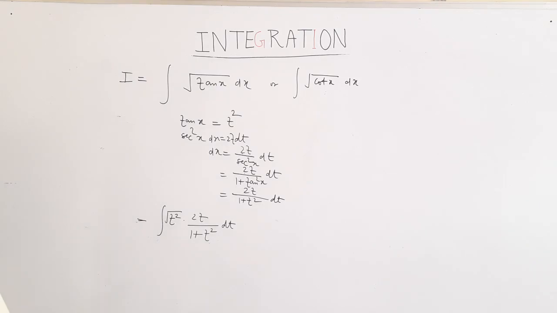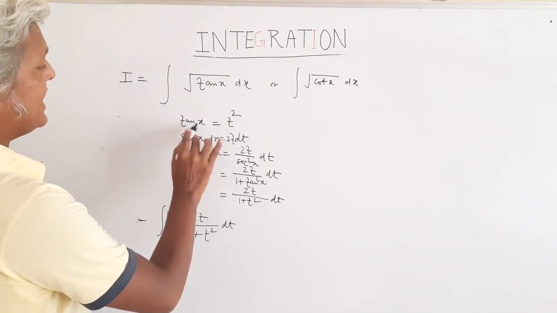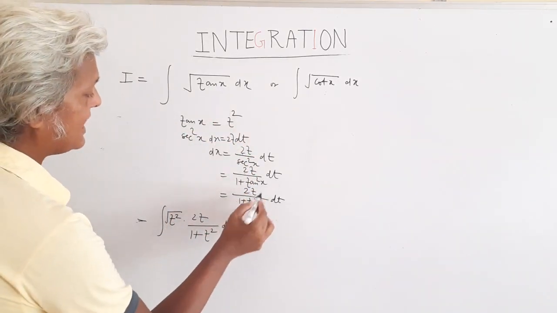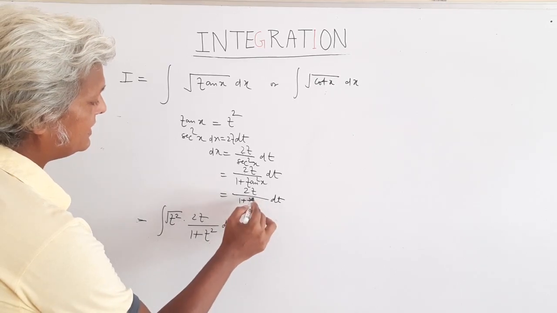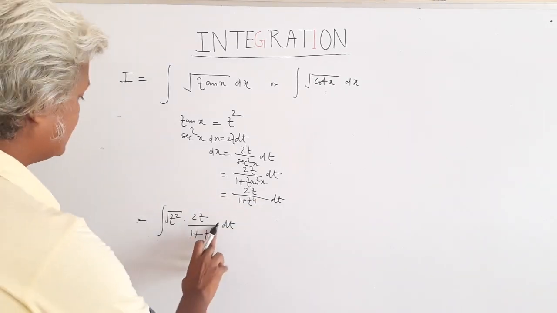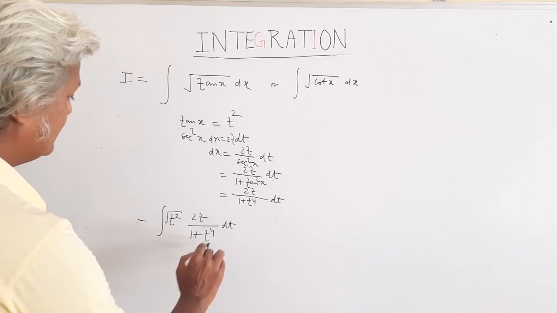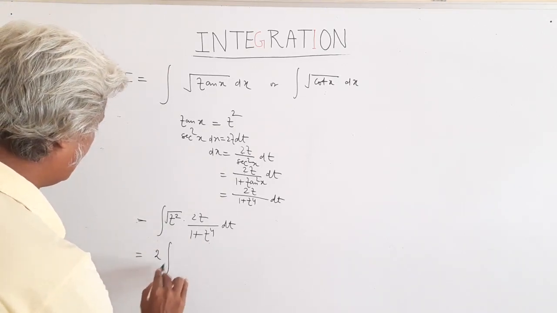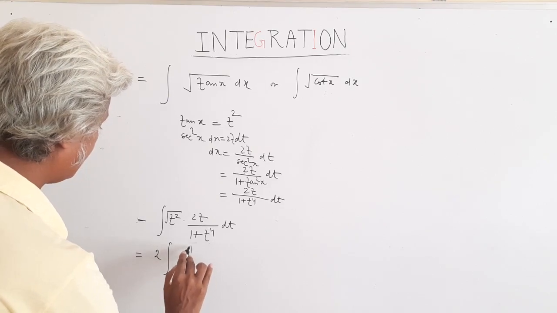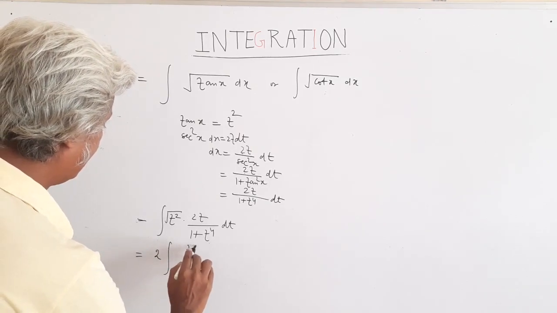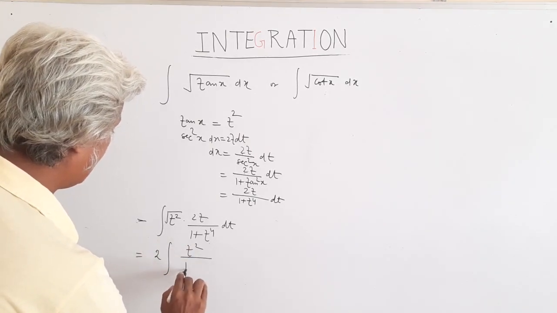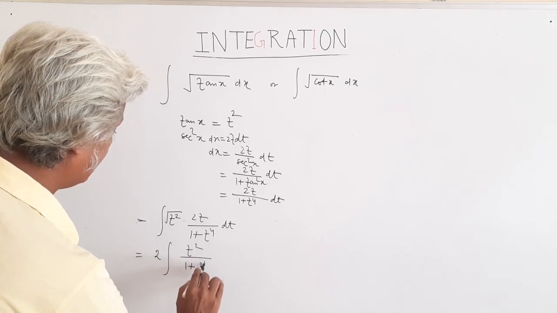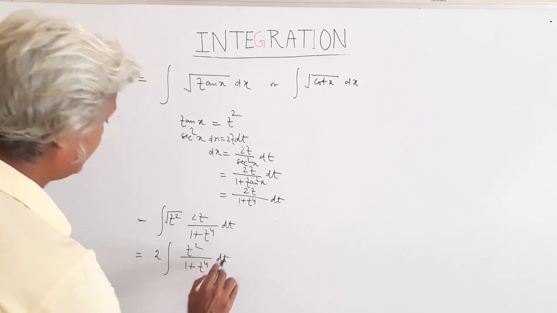Now one mistake we have done here, that if tan x is t square, so this tan square x will become t to the power 4. Now everything is fine. Down is there coming as quadratic form. So there you see you are getting 2 integral t square upon 1 plus t to the power 4 dt.